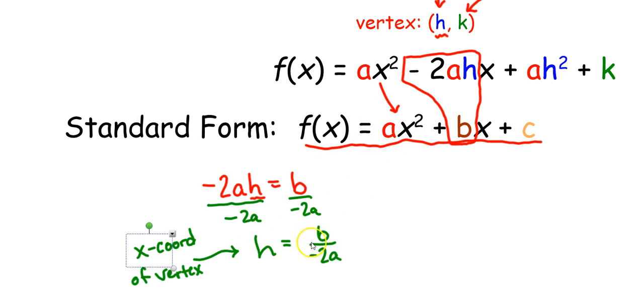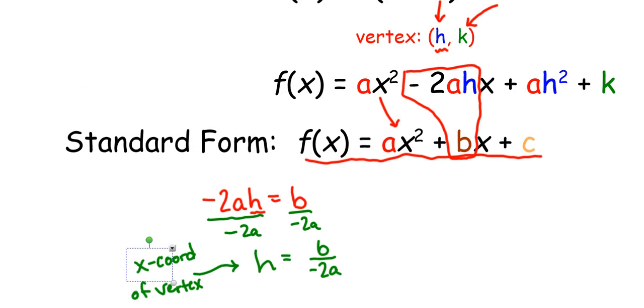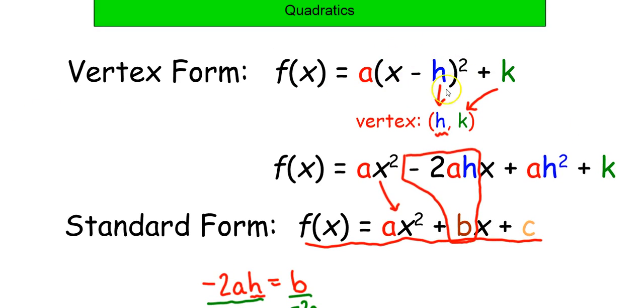So I can find the x-coordinate by taking the number that's in front of x and dividing it by negative 2 times the number that's in front of x squared. And this is where it comes from. It's all just from that same thing. It's just expanding that x minus h squared and converting that into a different form.